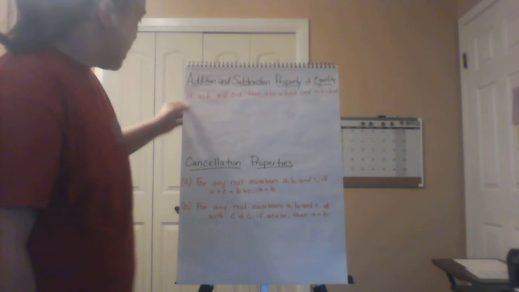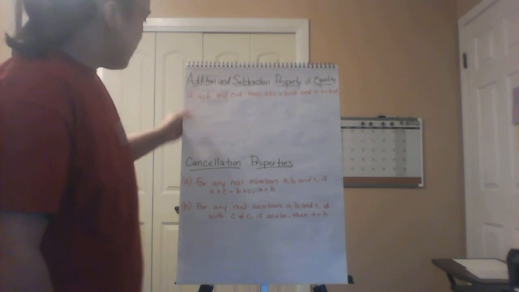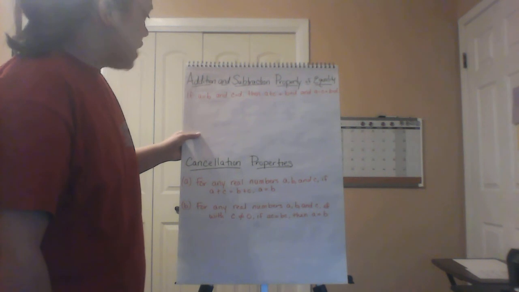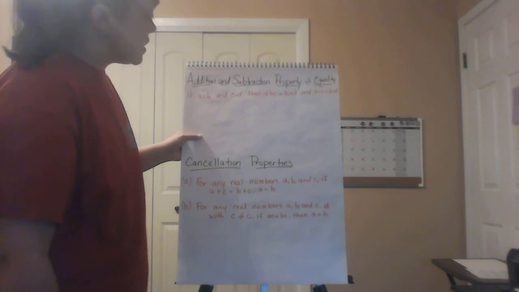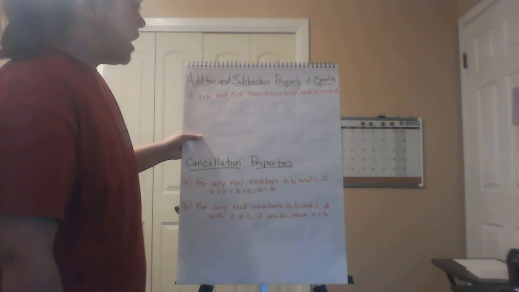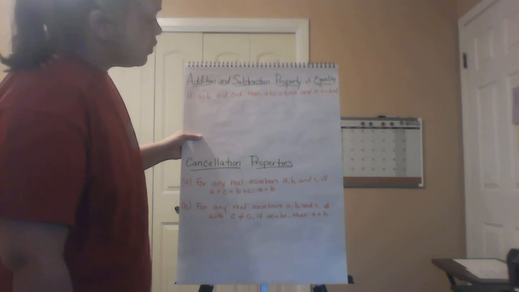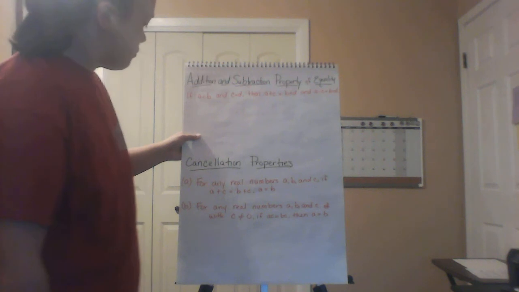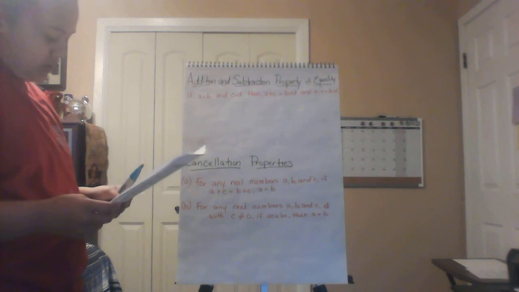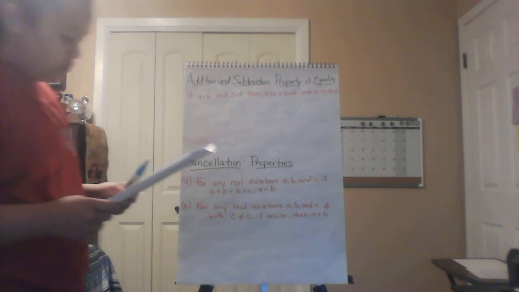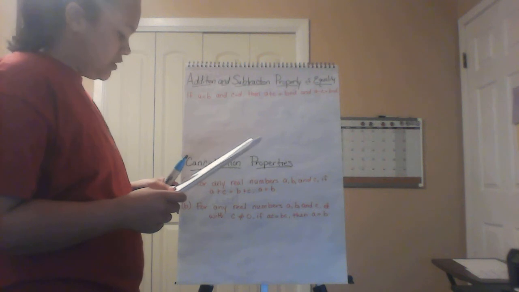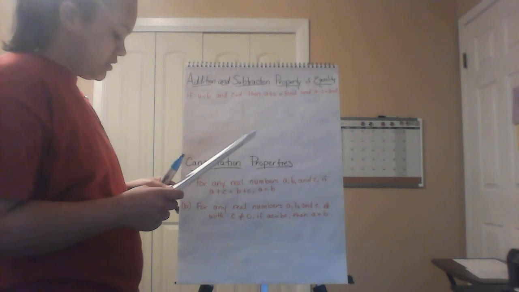And that says if A equals B and C equals D, then A plus C will equal B plus D, and A minus C will equal B minus D. And that right there will lead into the idea which implies that if we add the same real numbers to both sides of the equation, or multiply both sides of the equation by the same real numbers, we do so without affecting the equality.